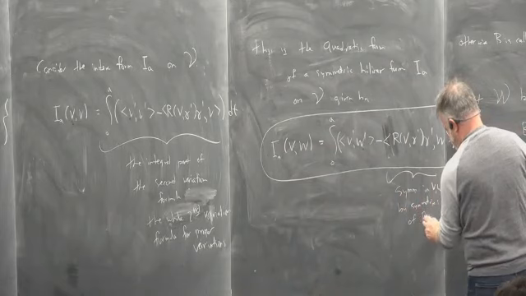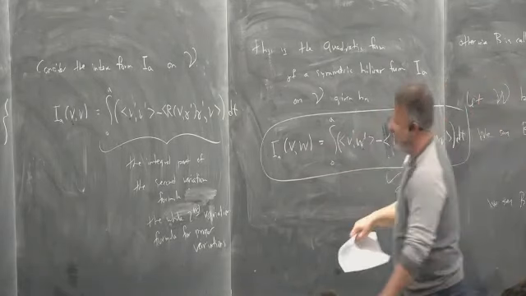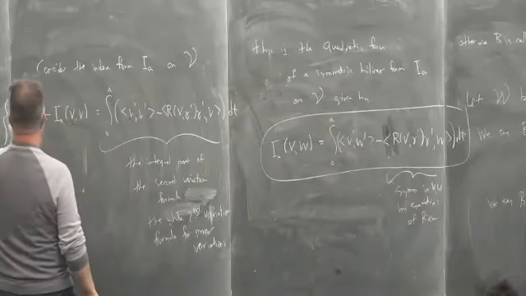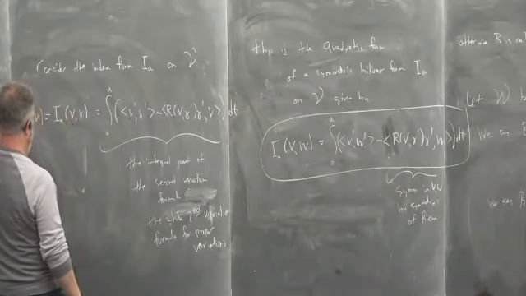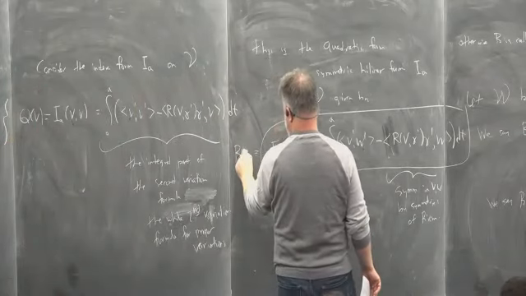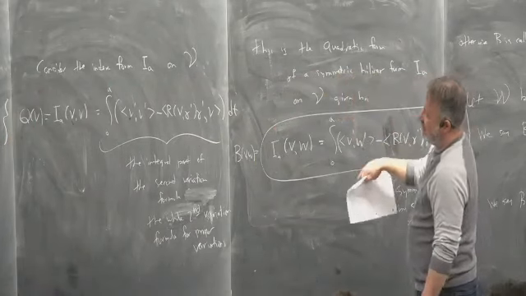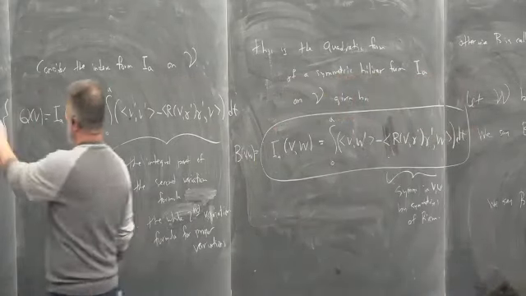And you can see that if I now set V equal to W, I get this. So this is what I was calling Q of V in the general linear algebra discussion, and this is the B of V,W.